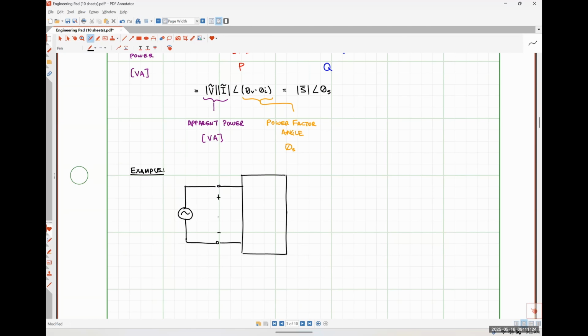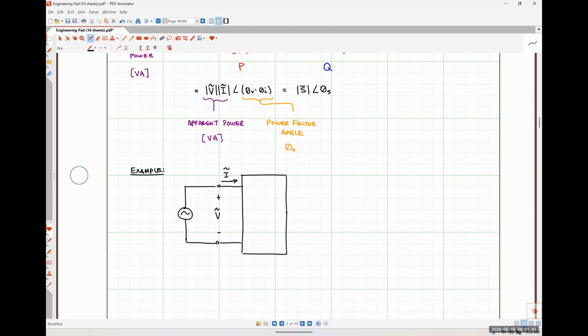And I am able to measure the RMS phasor voltage drop across said load, or the RMS phasor current flowing through said load, like so.